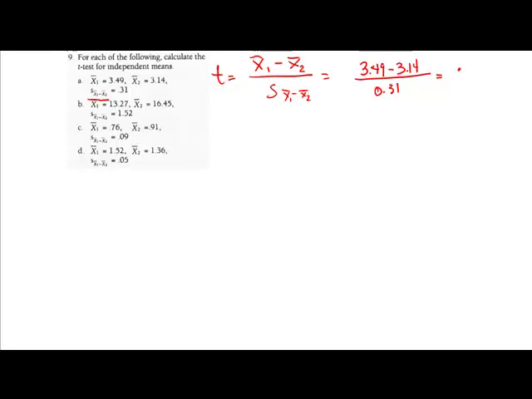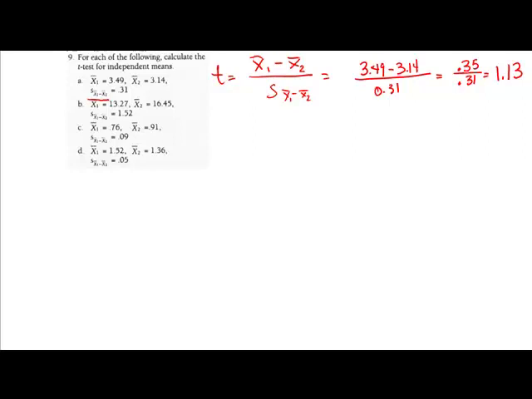The difference, 3.49 minus 3.14, is 0.35, divided by 0.31. The answer is 1.129, so let's round that to 1.13. That's the t-test. That's what the value of t is.